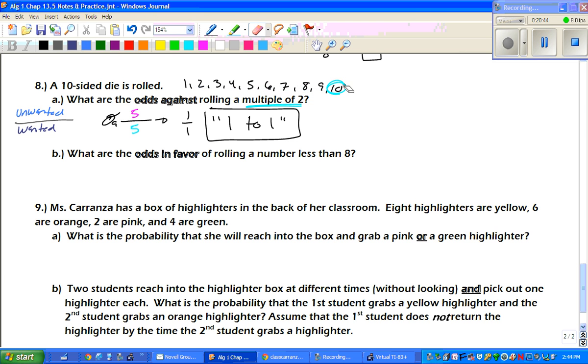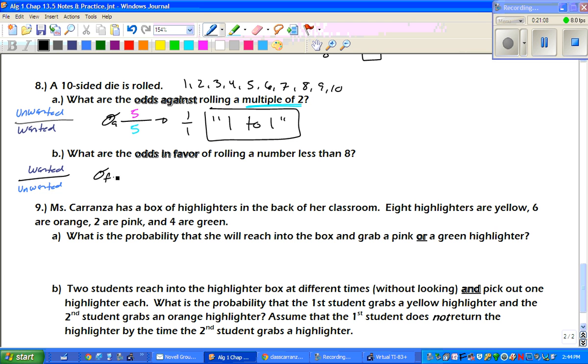Why don't you guys look at the next one? It says, what are the odds in favor of rolling a number less than 8? Odds in favor are your wanted over your unwanted.